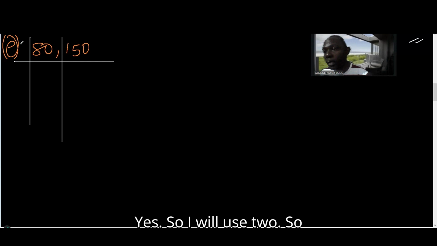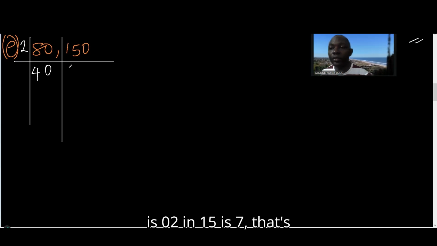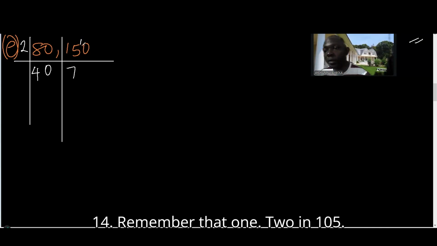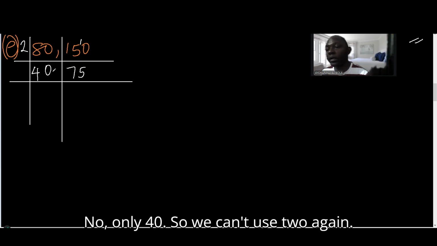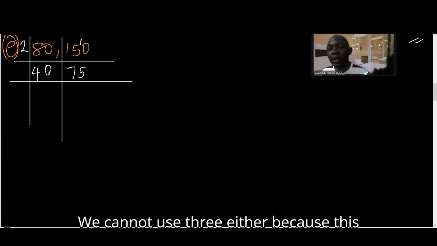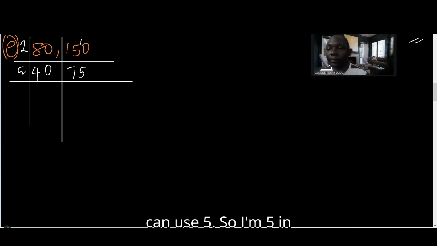Yes. So we will use 2. 2 in 4 and in 8 is 4, in 0 is 0. 2 in 15 is 7. That's 14, remember 1. 2 in 10, 5. So are they both even numbers? No, only 40. So we can't use 2 again. We cannot use 3 either because this one would not be divided by 3. Then we can use 5.